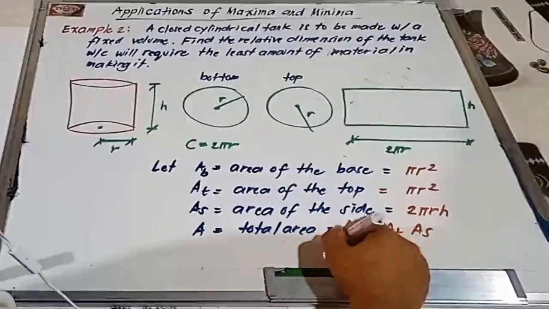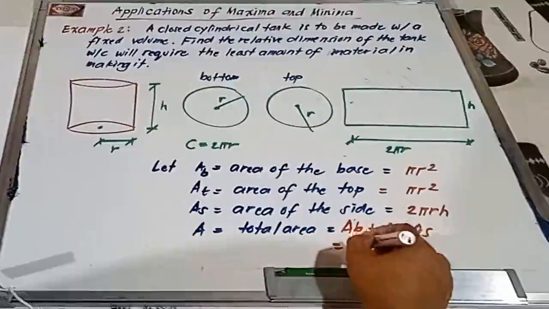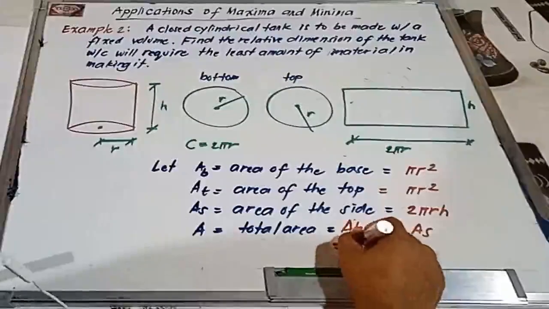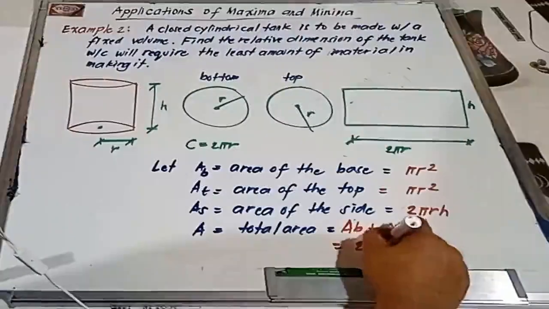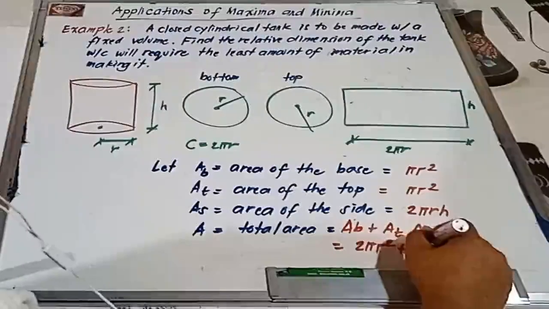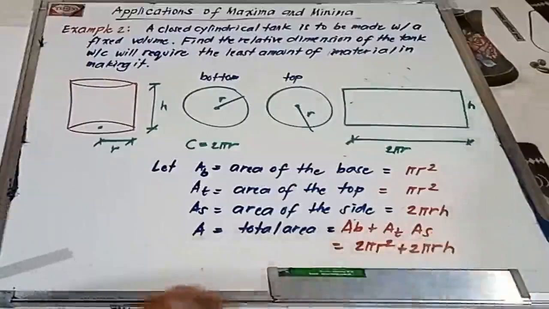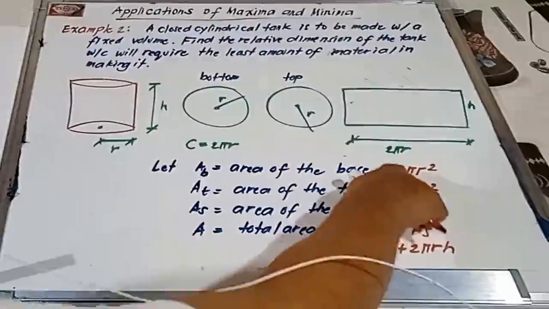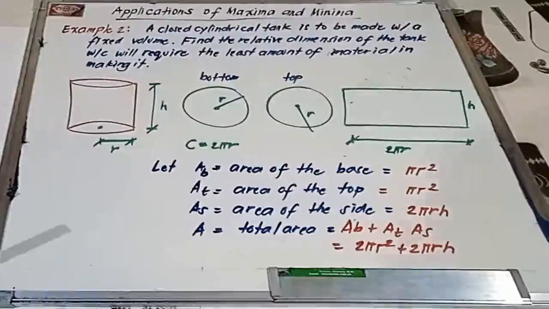So, that is equal to 2 pi r squared plus 2 pi rh. Bakit naging 2 yun? Kasi dalawang pi r squared yun. So, that is 2 pi r squared.